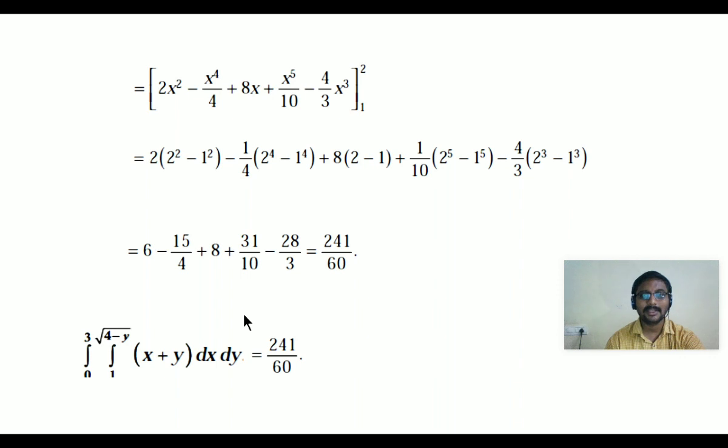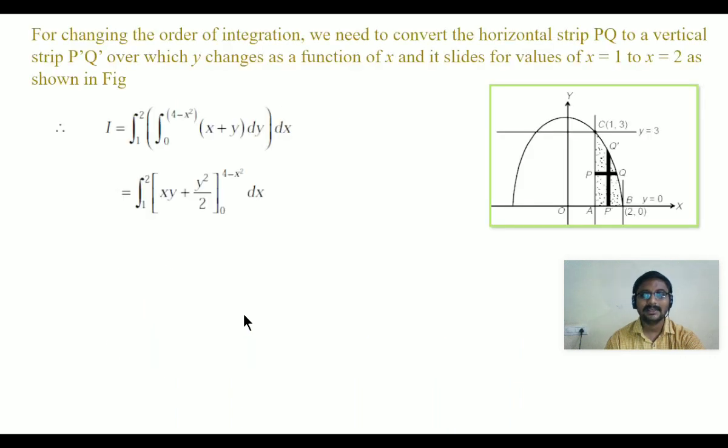We just have to draw the rough sketch of the region and take the old strip, that is the PQ strip, in the closed region where the curves and lines meet according to the old limits. To get the new limits, we have to draw the new strip, P dash Q dash, in the same closed region.